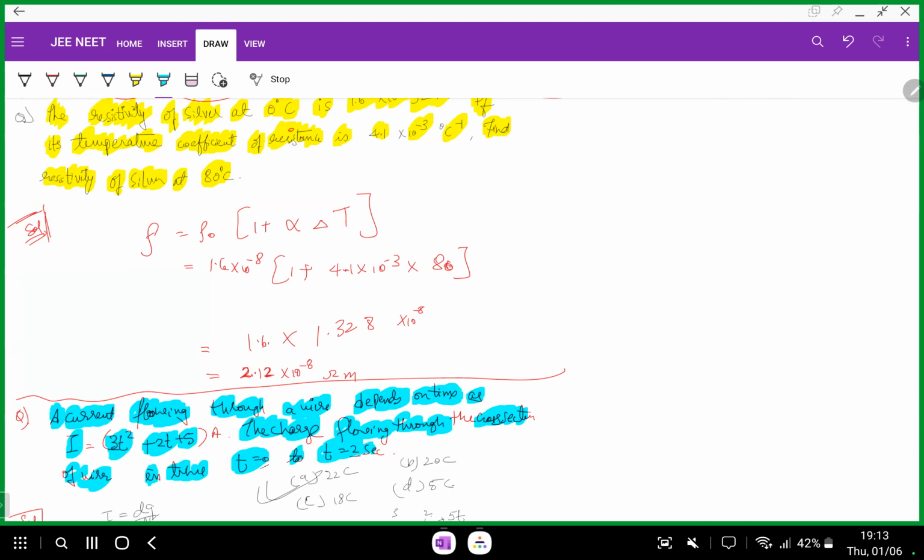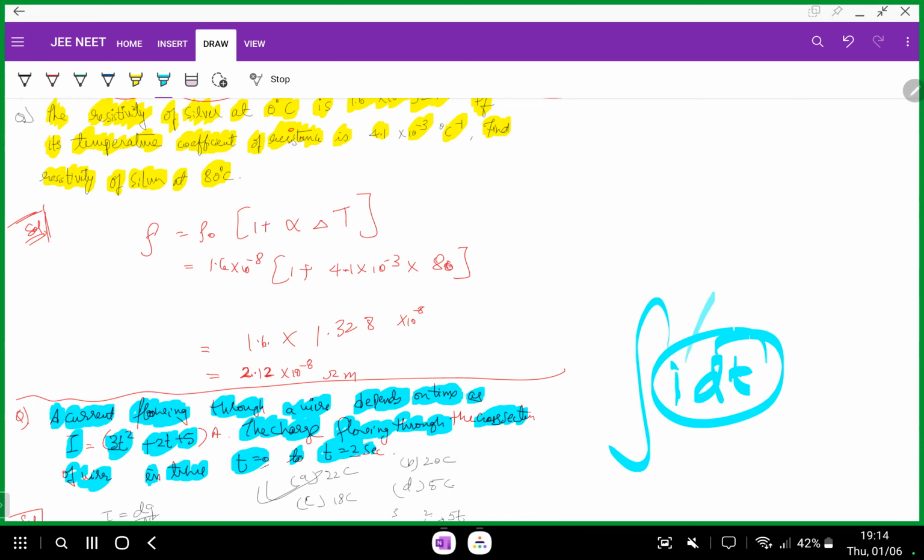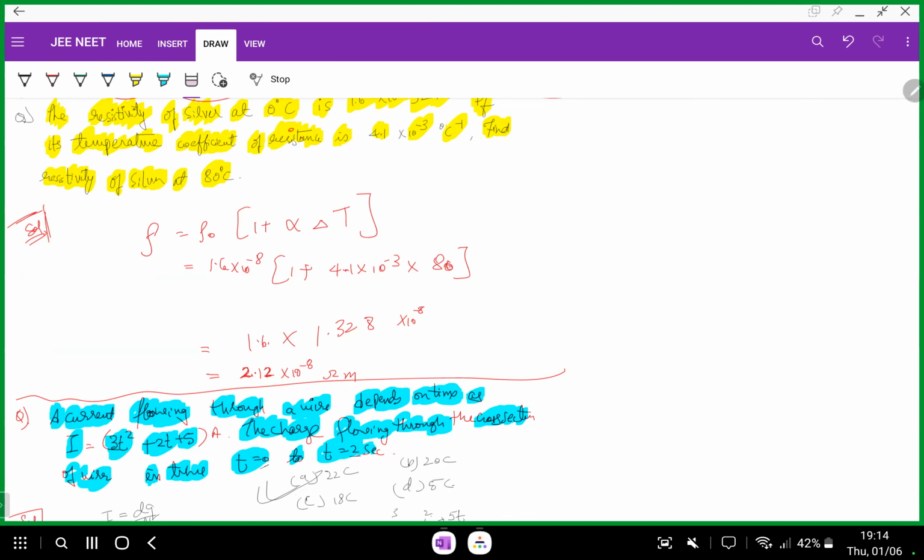What I said that day: current is given, you have to find charge. So I equals Q by t, or I equals dQ by dt. So we want dq, and dq equals I dt. That means we will do integration. We'll substitute the I value and integrate. Try this as homework.